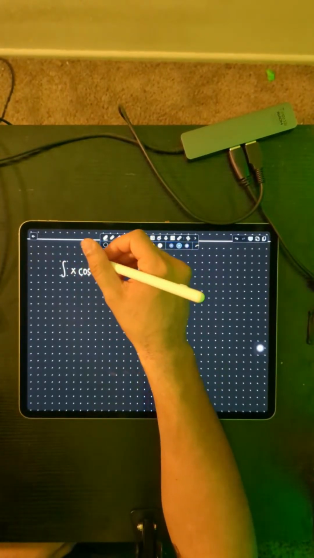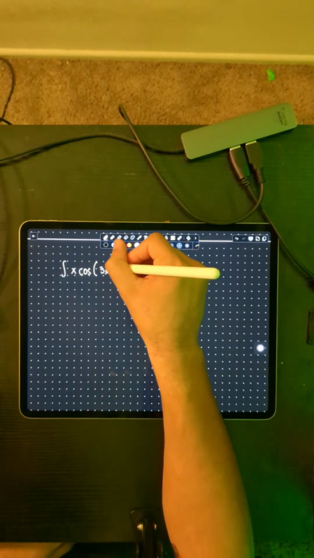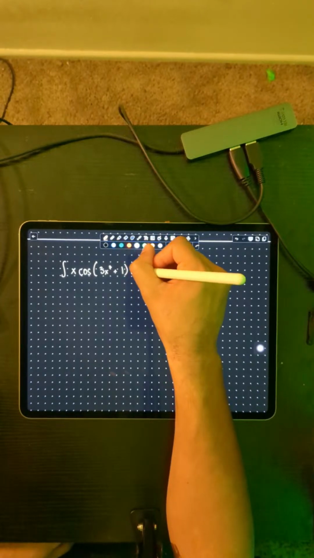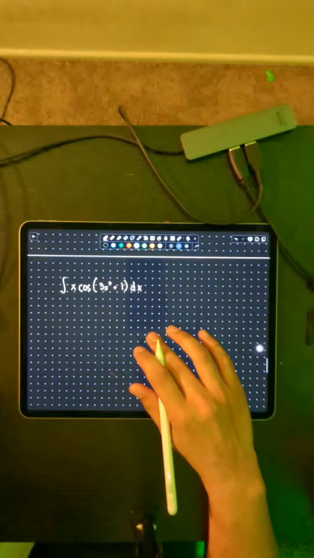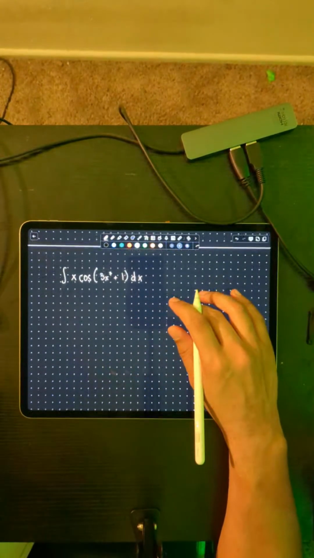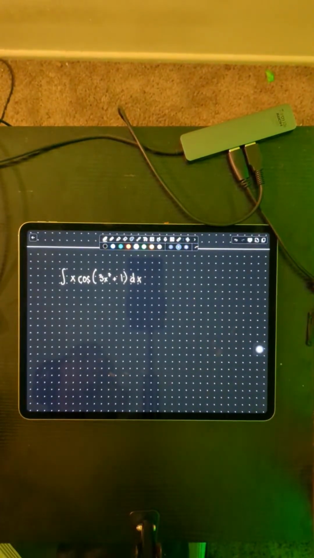We are going to continue with the integral of x cosine of 3x squared plus 1 dx. Here we go. Hopefully I'm live. I'm not sure if this is still going through. And let's keep it going.